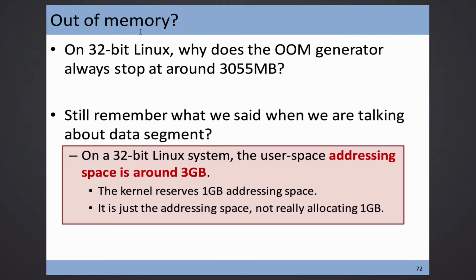And why is it not 1024 times 3? Because 1024 times 3 is not equal to 3056. There are other memories like the stack, the global variable, and the code, which occupy some of the space.